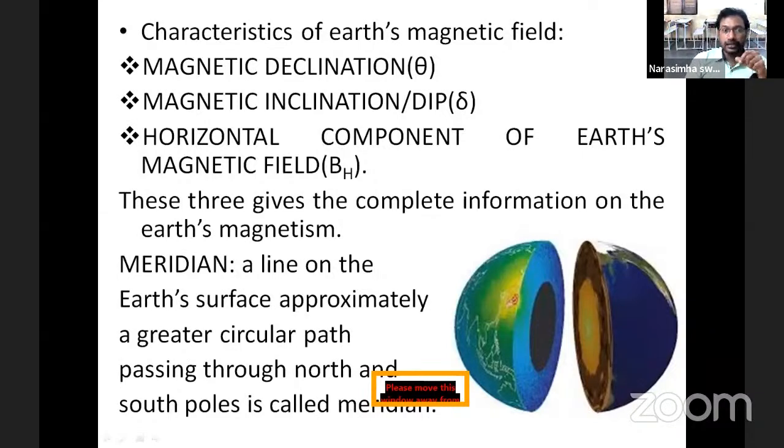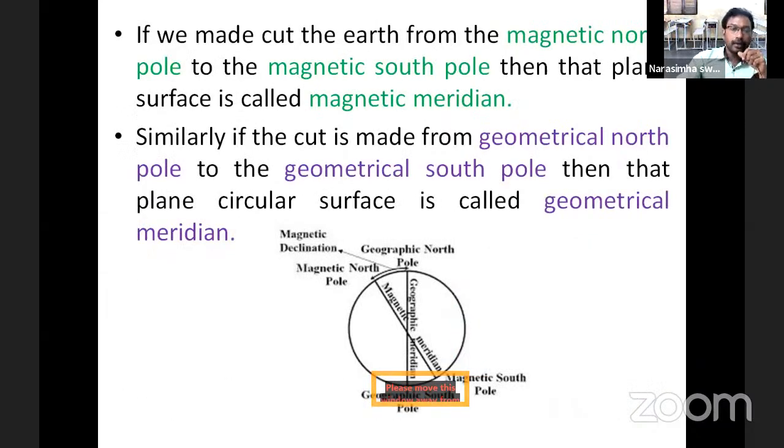We are going to discuss now the 3 points: magnetic declination, magnetic inclination or dip, and the horizontal component of Earth's magnetic field. Here, if we cut the Earth from the magnetic north pole to the magnetic south pole, look at this diagram. We have 2 north poles here. One is the geometrical north pole and another one is the magnetic north pole.